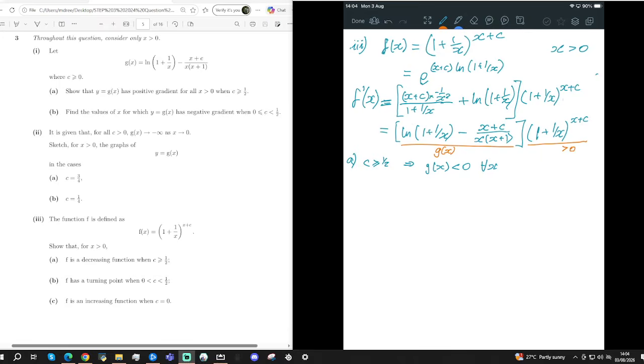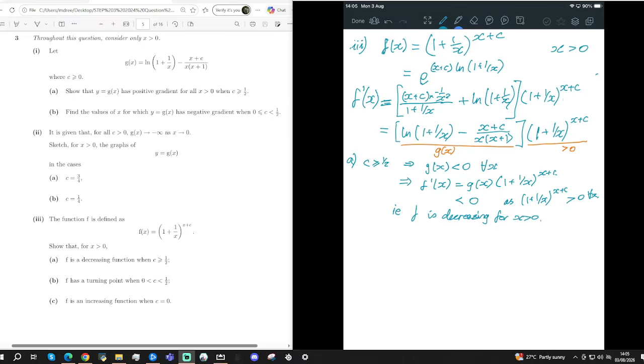So this is always greater than 0, which means that f dashed of x, which equals g of x times 1 plus 1 over x to the x plus c, is always less than 0. I've got a negative thing times a positive thing, as 1 plus 1 over x to the x plus c is greater than 0 for all x, i.e. f is decreasing for x greater than 0.